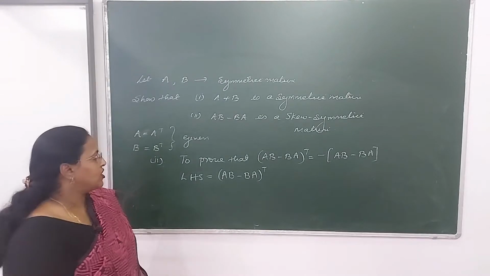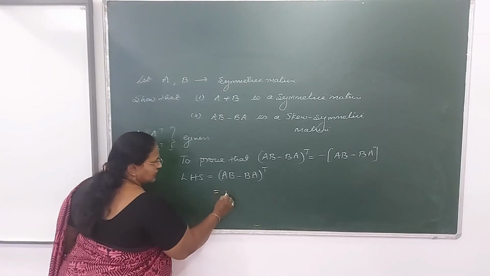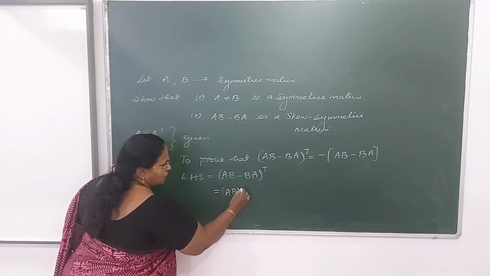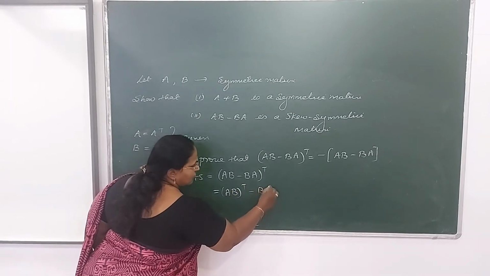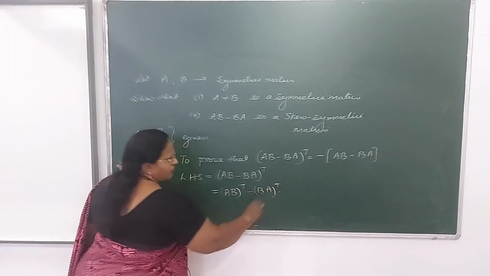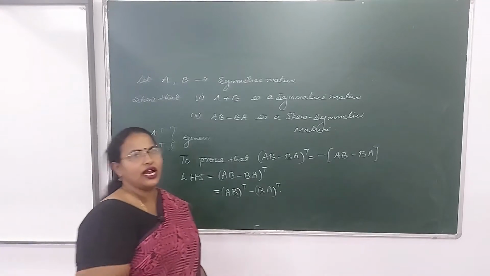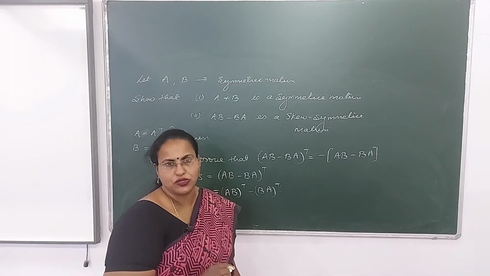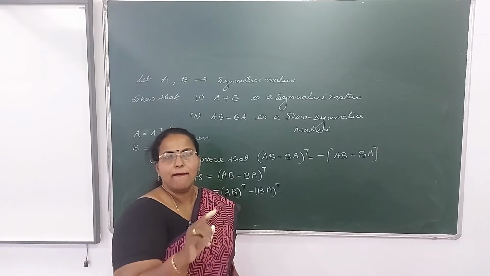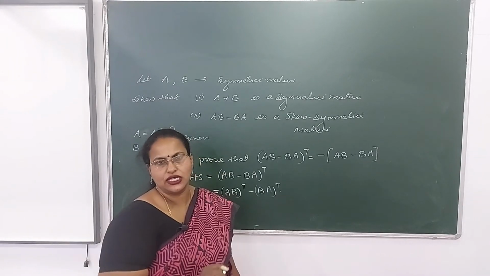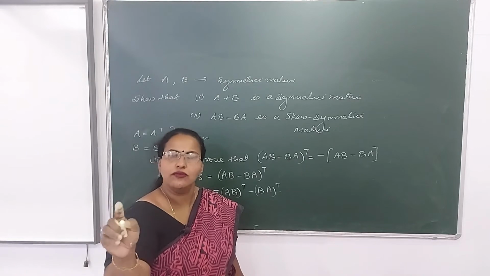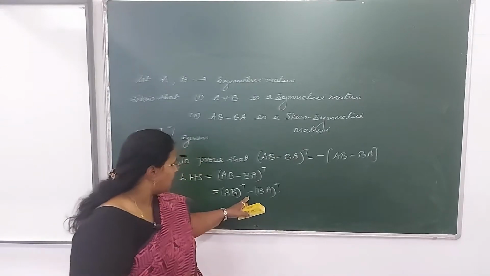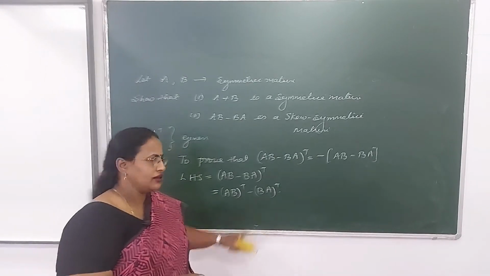Applying the property of transpose, we can write this as AB transpose minus BA transpose. For addition and subtraction, you know that A plus B whole transpose is A transpose plus B transpose. Likewise, A minus B whole transpose is A transpose minus B transpose. So we have applied the same property here.